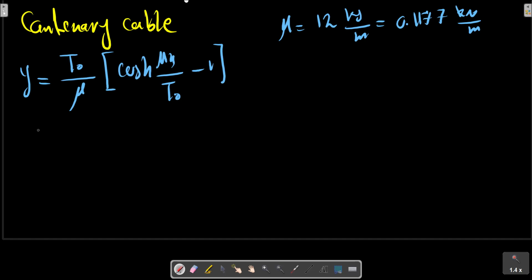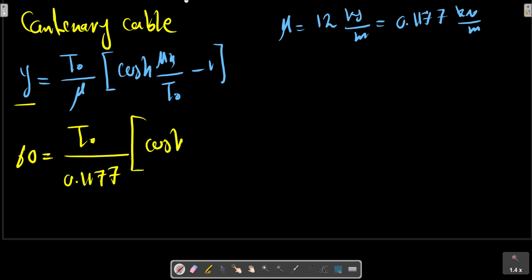Now we can write the expression. We have the sag at the midpoint, T0 on mu cosinus hyperbolic of mu on T0 minus 1.